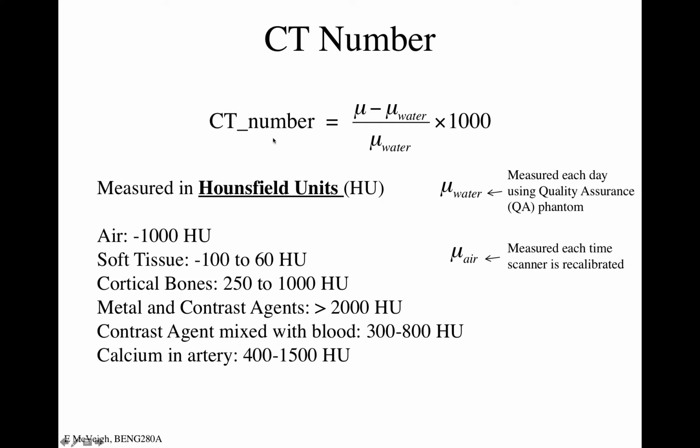And this is historically how those values have been displayed in CT images. And historically, it's probably because they were initially limited to 10 bits or something like that, in the early days. And so this system for displaying values has been around since the beginning.